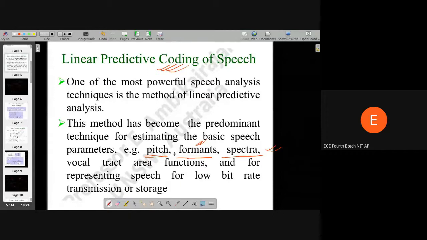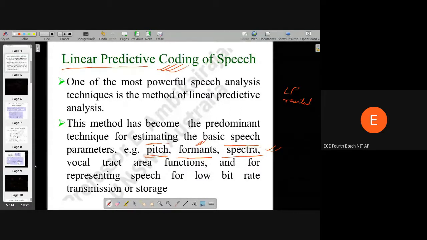We saw last time that the autocorrelation function can be used, but if you are able to find the transfer function of the system, it allows a simple method to determine the pitch from a signal called the LP residual. It comes as a byproduct of linear prediction analysis, popularly known as LP analysis of speech.